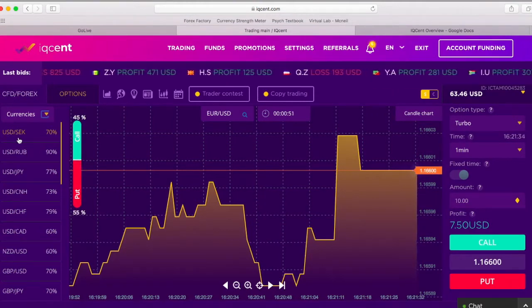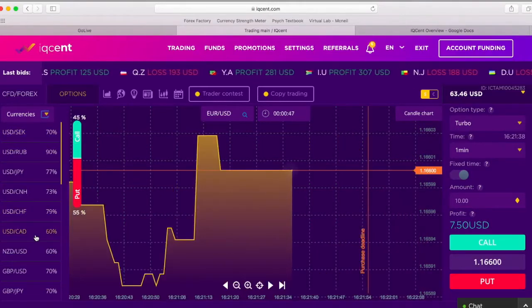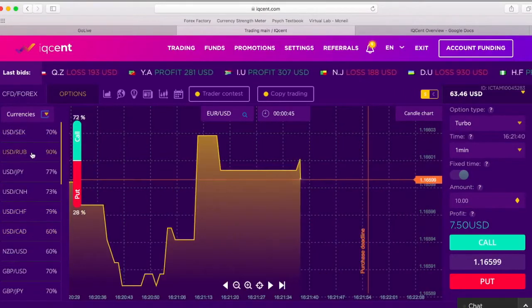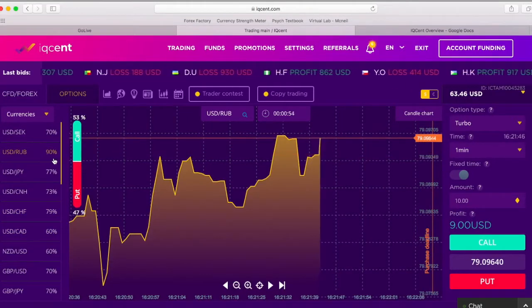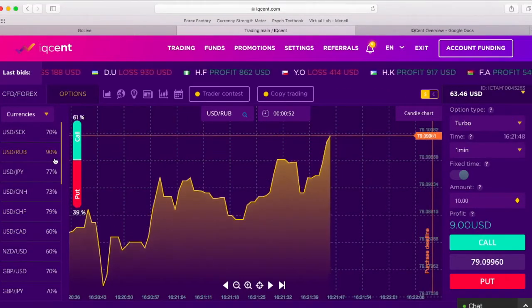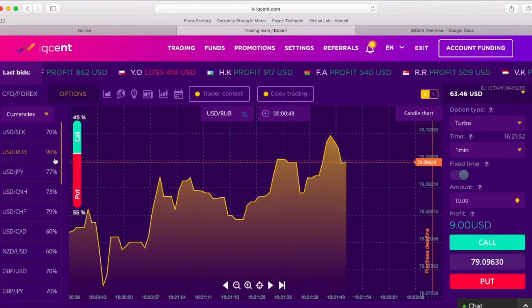So, for example, let's say you're going to enter a trade with USD RUB, which has a payout percentage of 90%. So, if you win the trade, you'll be making 90% of however much you risk.